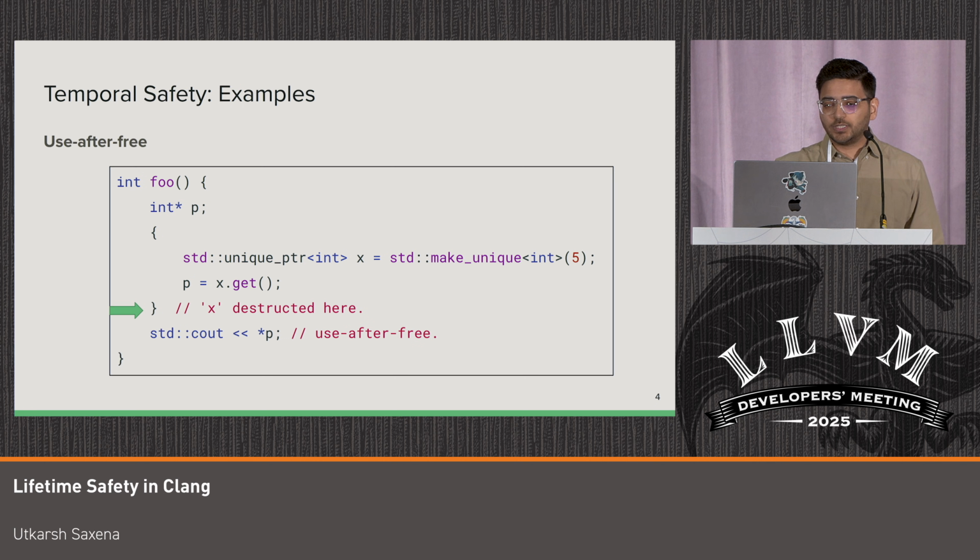At some later point, this memory is deallocated. For example, here X goes out of scope, and it not just goes out of scope, it also clears and deletes the memory that was backed by this object. Following this point, any access to that memory that was held before is a use after free issue. This is undefined behavior, and any dereference of it is a use after free.